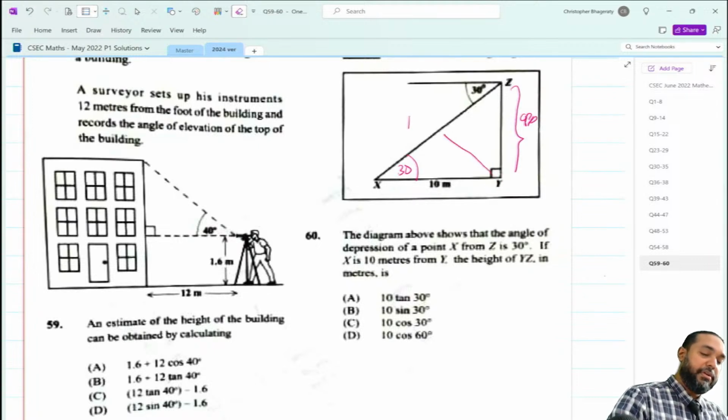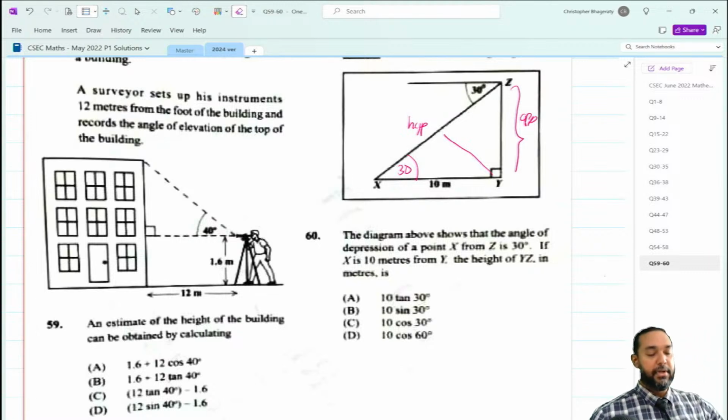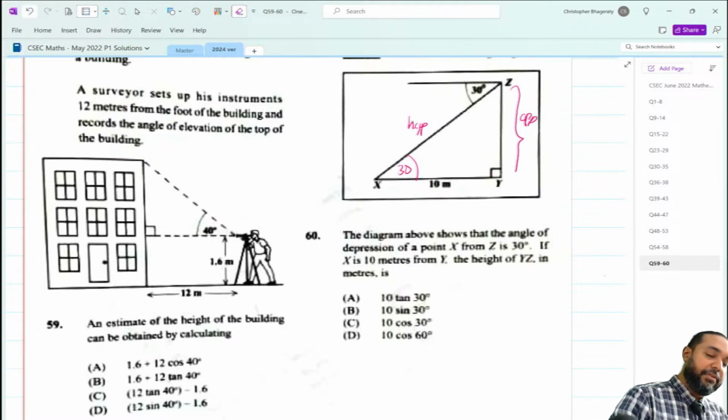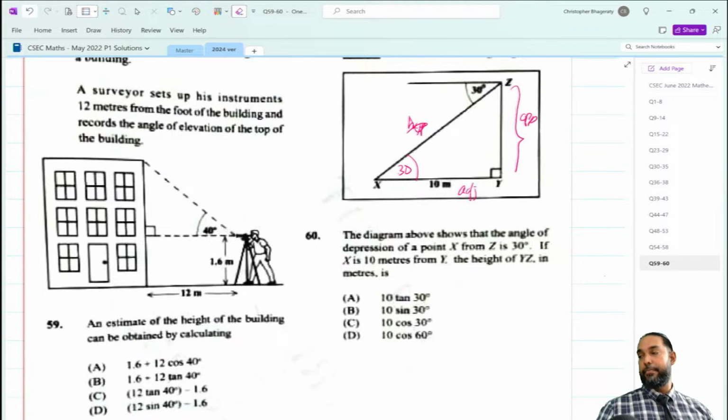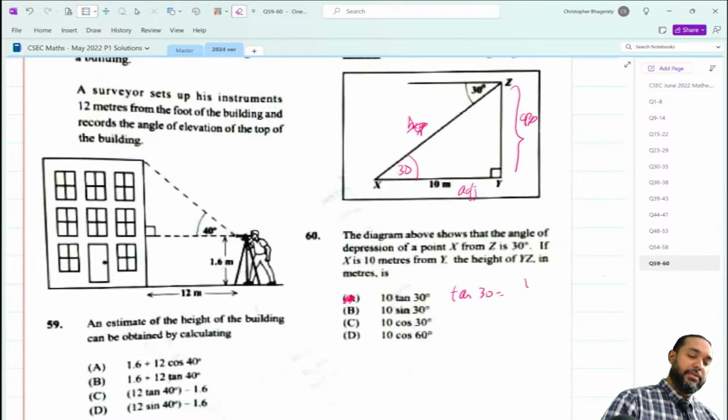This side across here is opposite the right angle, so it's the hypotenuse, which we're not looking for, and this side is the adjacent. So we're looking for opposite and we have adjacent. Which ratio uses opposite and adjacent? Tan. Right. Okay, Logan, give me 1 second. The only answer here with tan is option A. But if you want to see the correct working, tan 30 is equal to YZ over 10. So to solve for YZ, you'd multiply throughout the equation by the denominator.